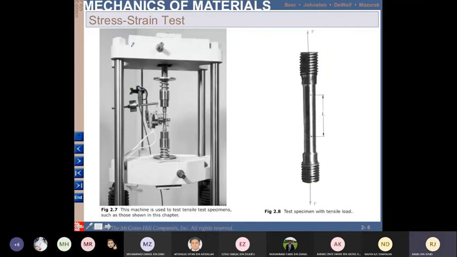This is a stress strain test. In stress strain test, you will have a machine like this. This part is movable. It goes up, and it can go down as well. And this one is fixed. So in this stress strain curve, the result will be presented in a graph of stress and strain.